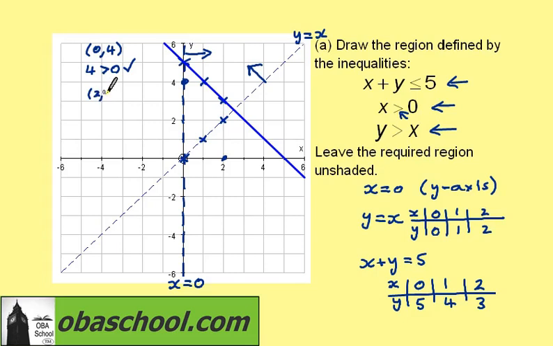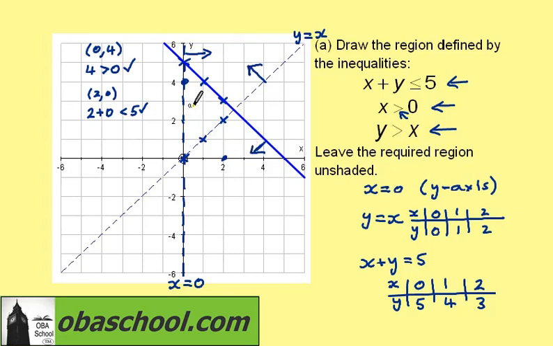I'm taking the point 2, 0. Look at the inequality. 2 plus 0 is less than 5. So this is in the region. Therefore, we need to be this side of this line.